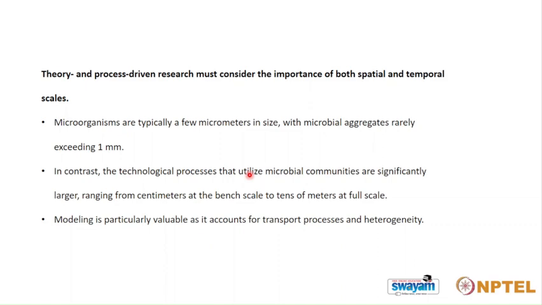So we can study these things through modeling, because it involves different transport processes, and it also considers heterogeneity. Here transport processes refers to the transport of nutrients and outcome of products. And heterogeneity refers to the population, all the different species present in the microbial communities.